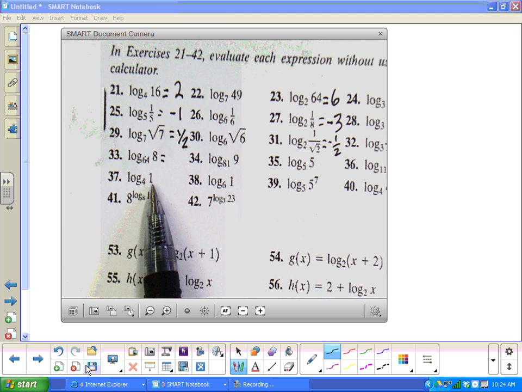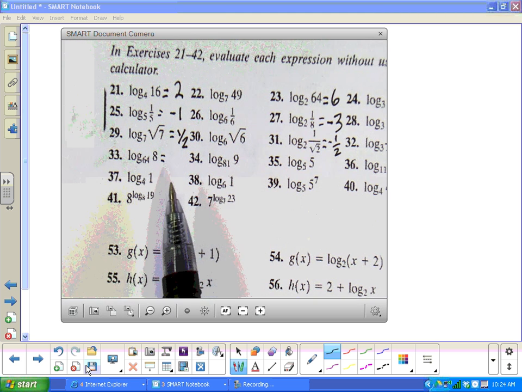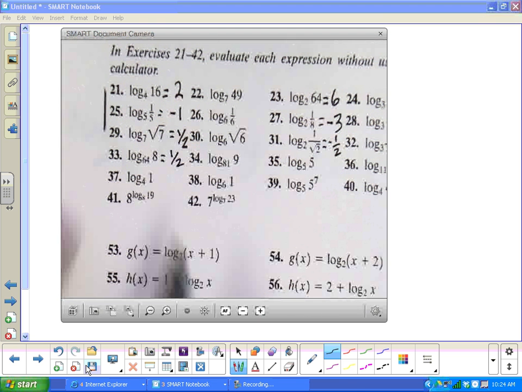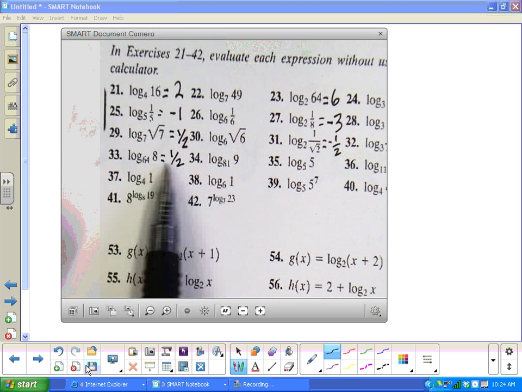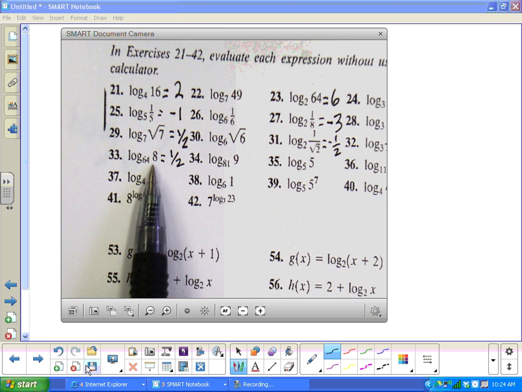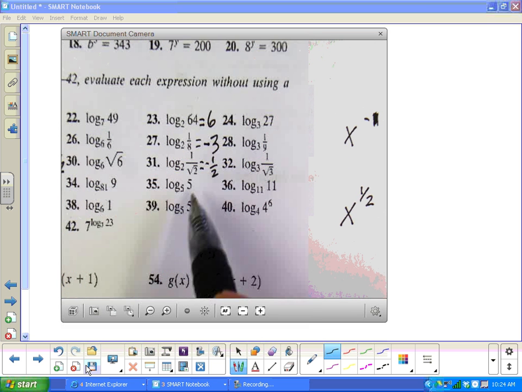So instead of taking the square root, we could think of it as the 1/2 power. Does that make sense? So the answer here would be 1/2. 64 to the 1/2 power would be equal to 8. Because what does the 1/2 power really mean? Square root.